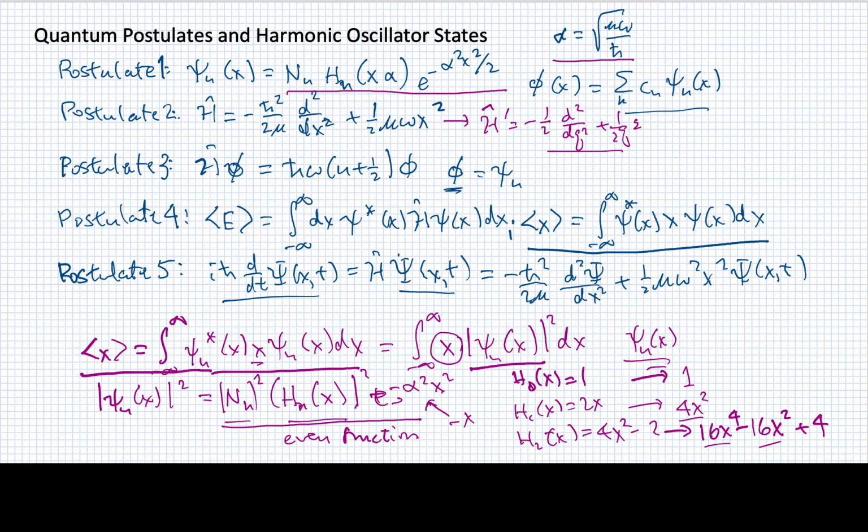So when I integrate from negative infinity to infinity, I will always get the result that the average position is equal to 0. This is really building in the symmetry of the harmonic oscillator, that we're always going to get 0 for that average position, and it reflects the symmetry of that problem.